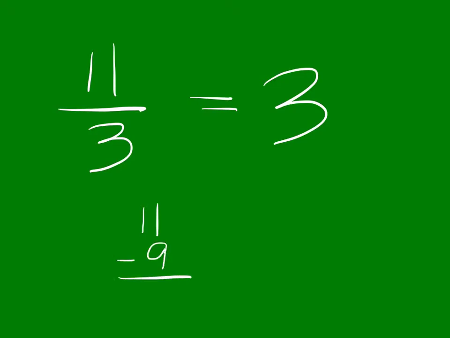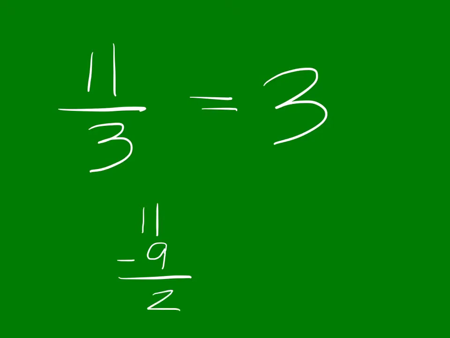How many times will 3 go into 11? It will go in 3 times, which is 9, so 11 minus 9 leaves us with what? 2. And what do I do with the 2?